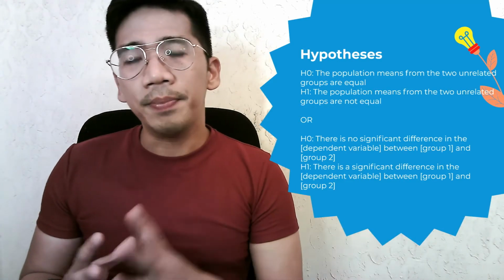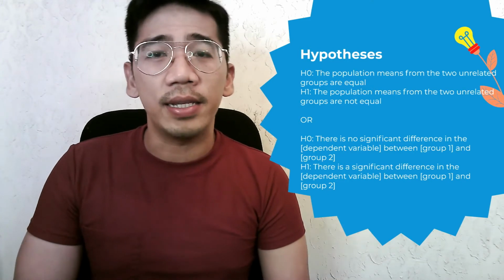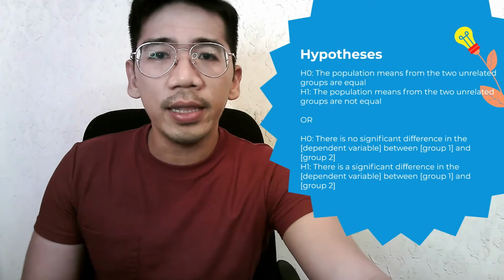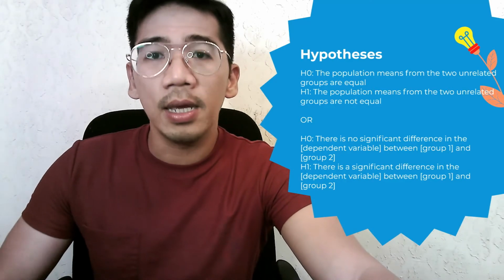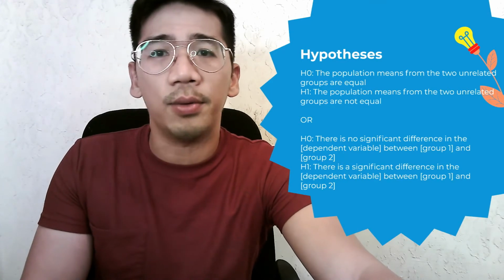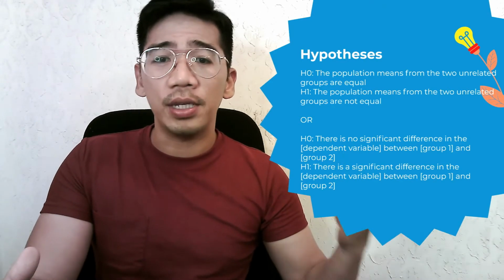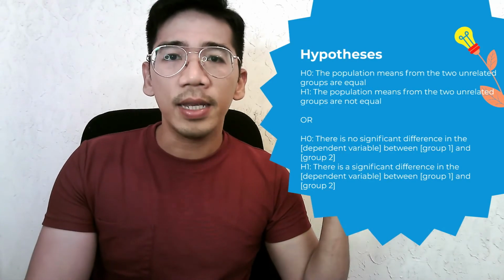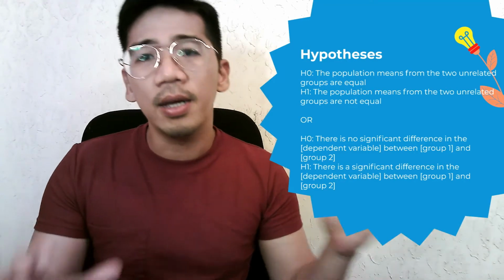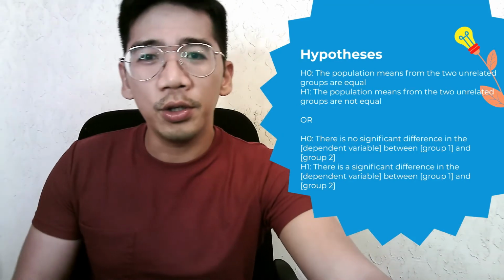First, H0: the population means from the two unrelated samples are equal. The alternative hypothesis: the population means from the two unrelated groups are not equal. Now, the second way you can express your hypothesis for independent t-test is by saying that there is no significant difference in the dependent variable between group 1 and group 2.